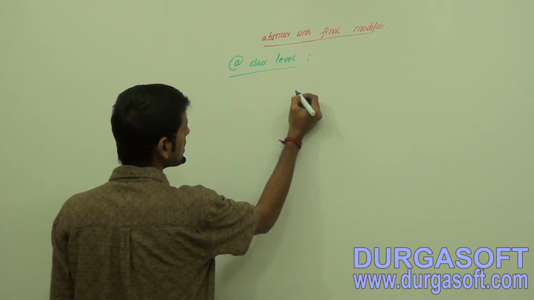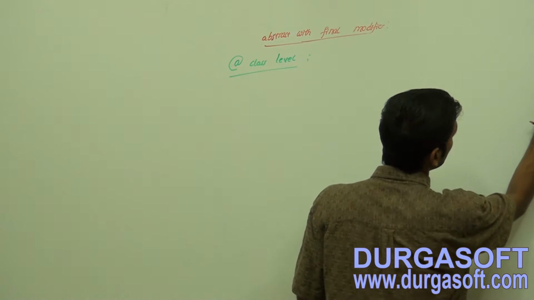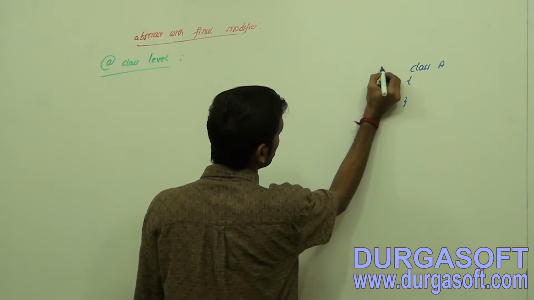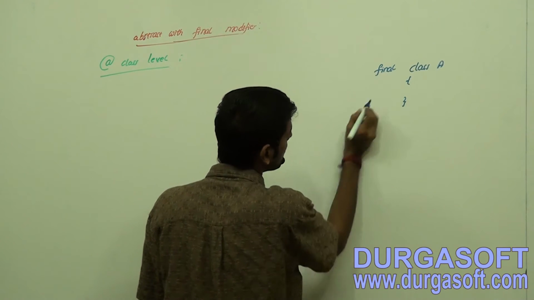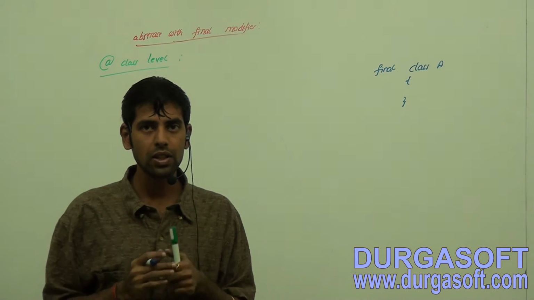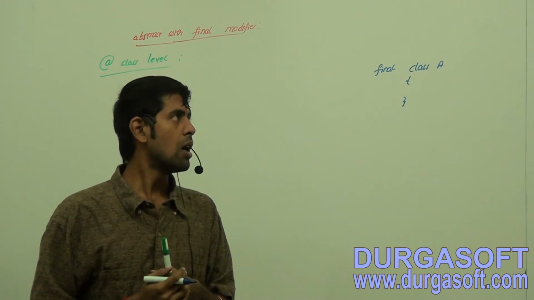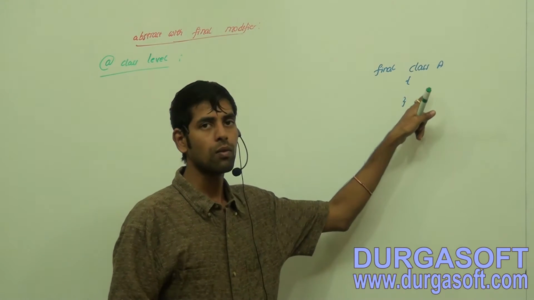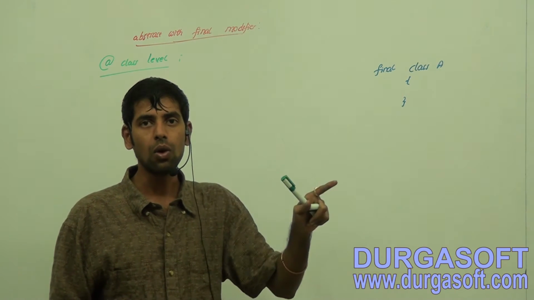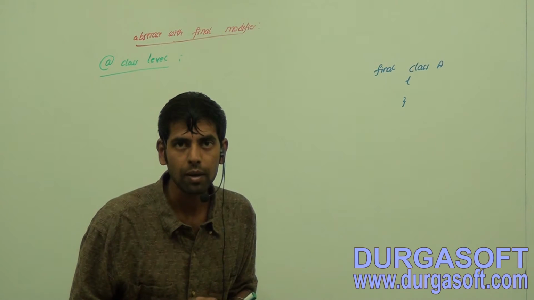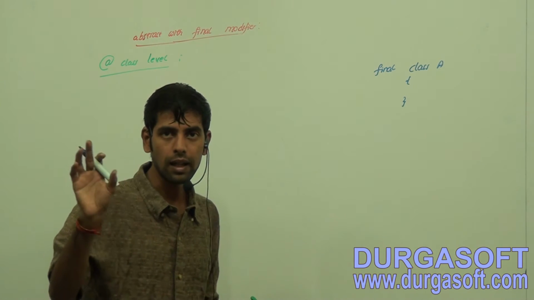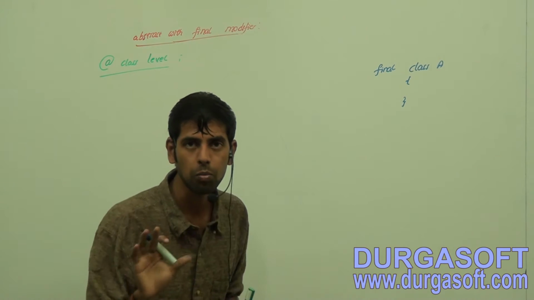If a class is declared with a final modifier, what is not possible in Java? A simple thing: no one can inherit from this class A. Class A is final, so you cannot inherit from final class A. Child class creation is not possible.